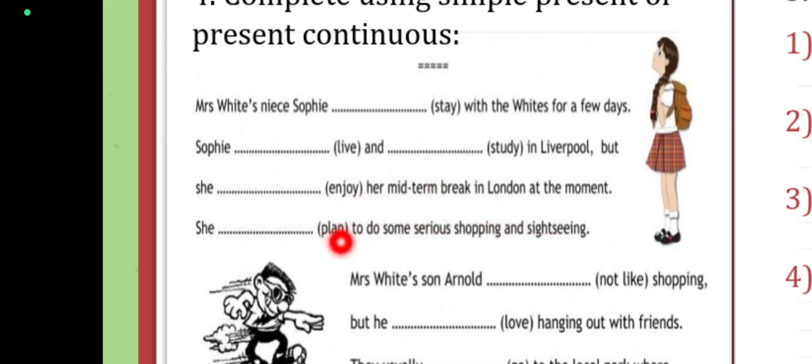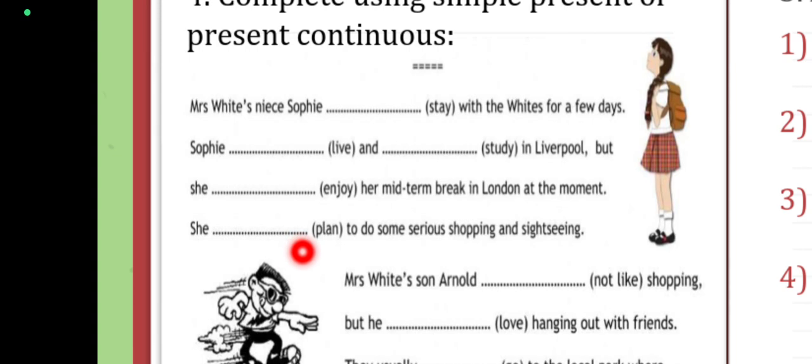Aquí algunas personas podrían decir también, y sería válido también, de hecho yo lo veo así, she is planning, ¿okay? Porque ella está planeando debido a una razón que es temporal, que es el viaje. ¿Okay? Entonces ya por el momento es algo que es temporary, she is planning to do some serious shopping and sightseeing. Okay? So continuous and continuous.